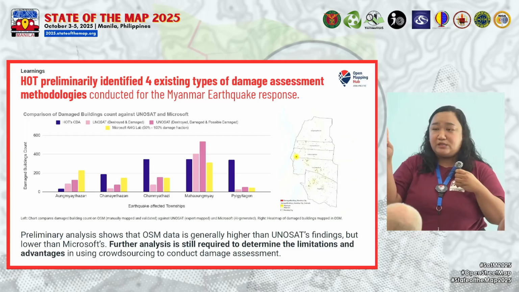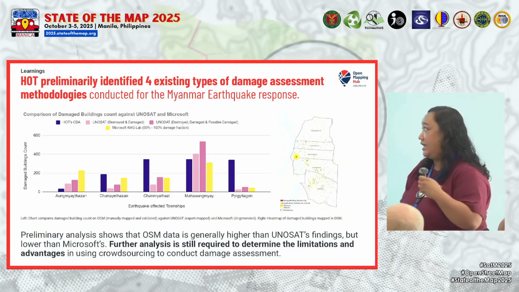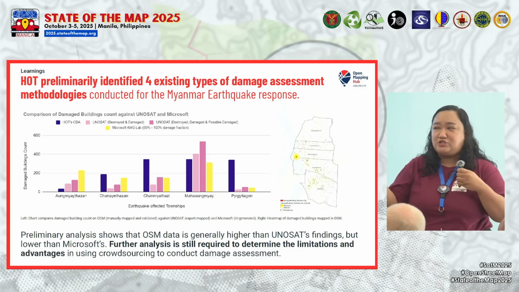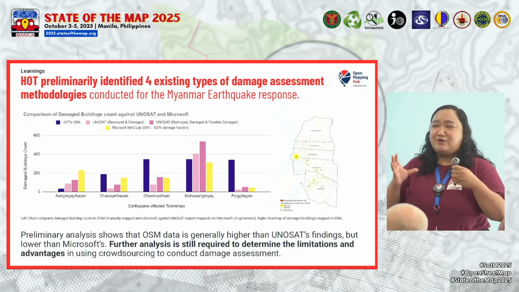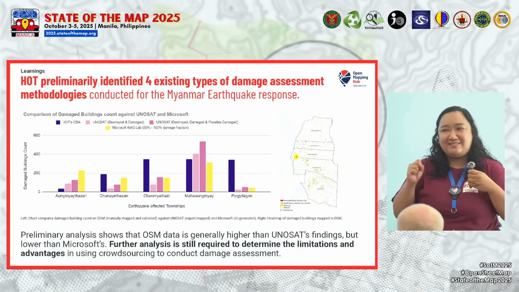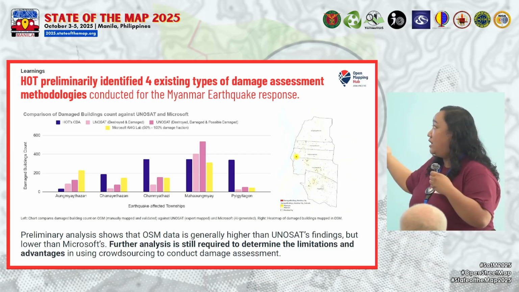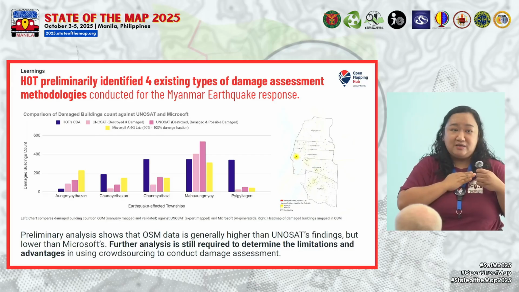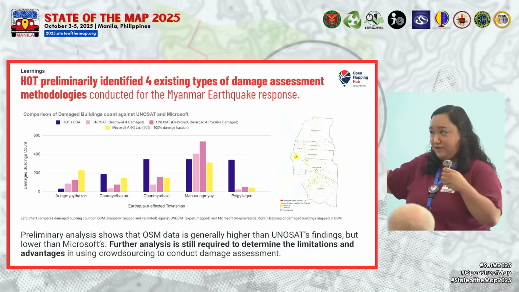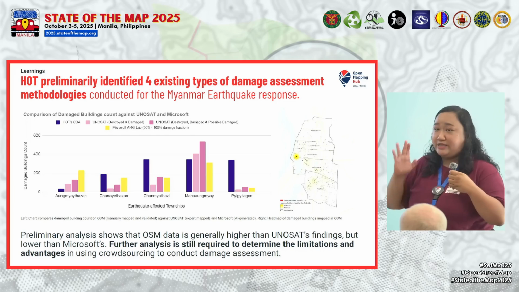Destroyed is the full collapse of the building. But since our threshold is very high, in comparing it with UNOSAT, we remove the possible damage, so we are comparing only the destroyed and damaged.